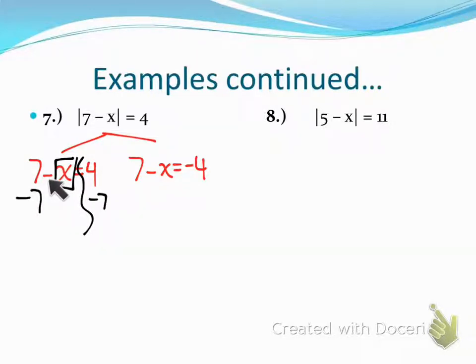We cannot drop off that negative sign in front of the x, so this is still -x equals, what is 4 minus 7? -3. But I don't want -x, I want positive x. So positive x would equal what? +3.